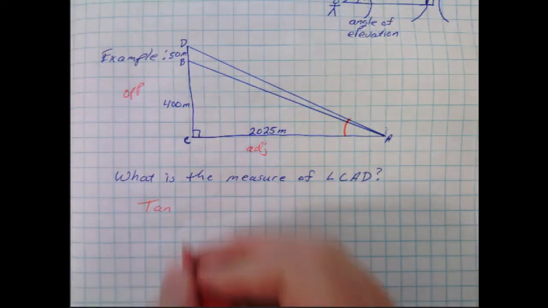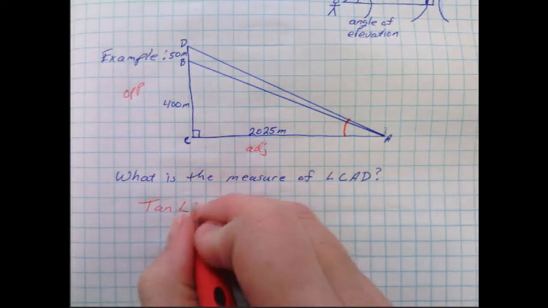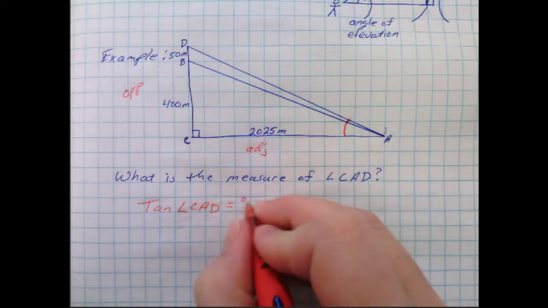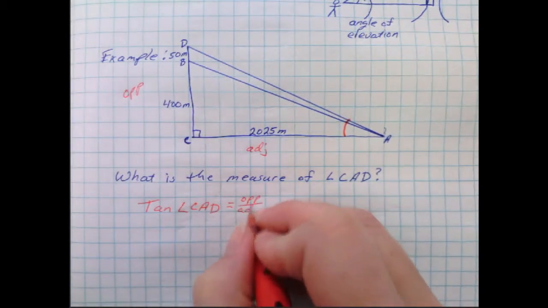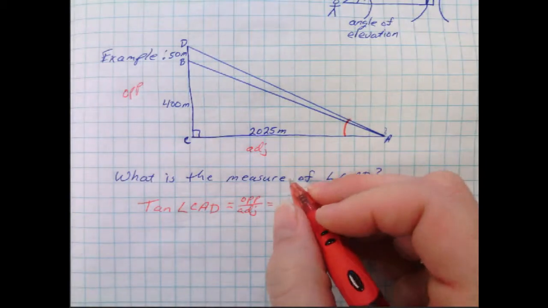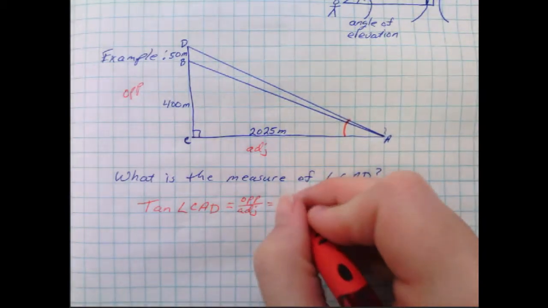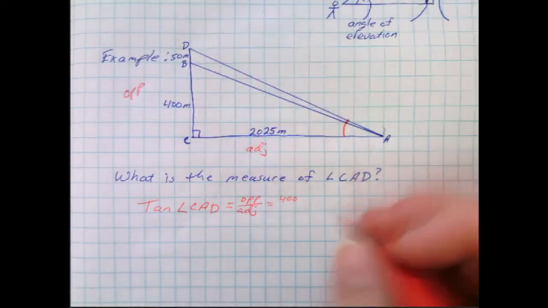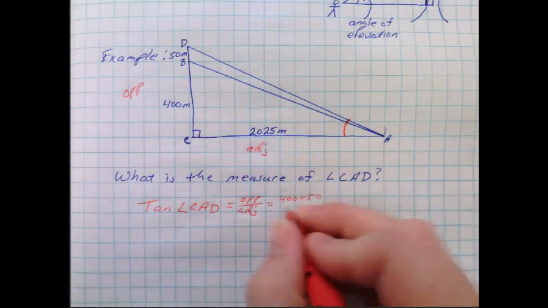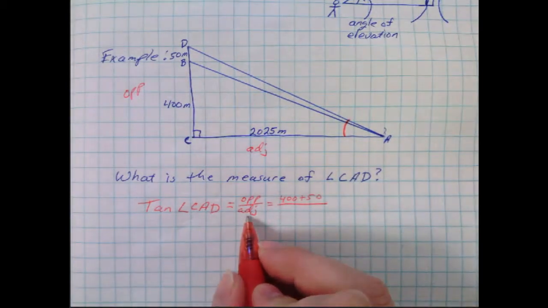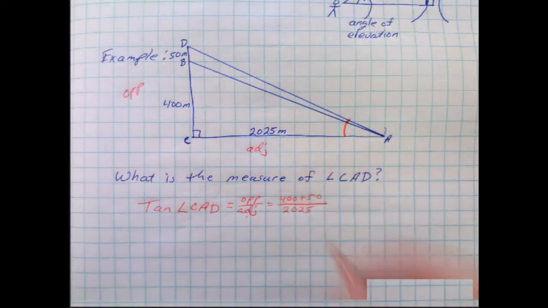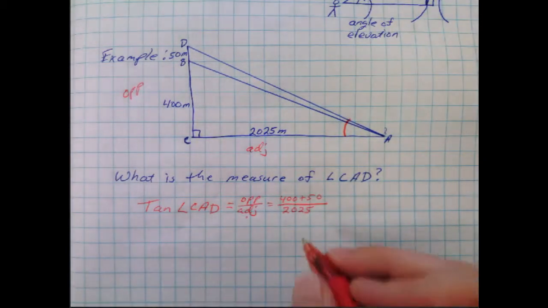So tangent of angle CAD equals, and then what would my ratio be? This is opposite over adjacent. My opposite, I have 400 plus the 50, because I want to go all the way up to D. My adjacent, that's just this one here, 2,025.